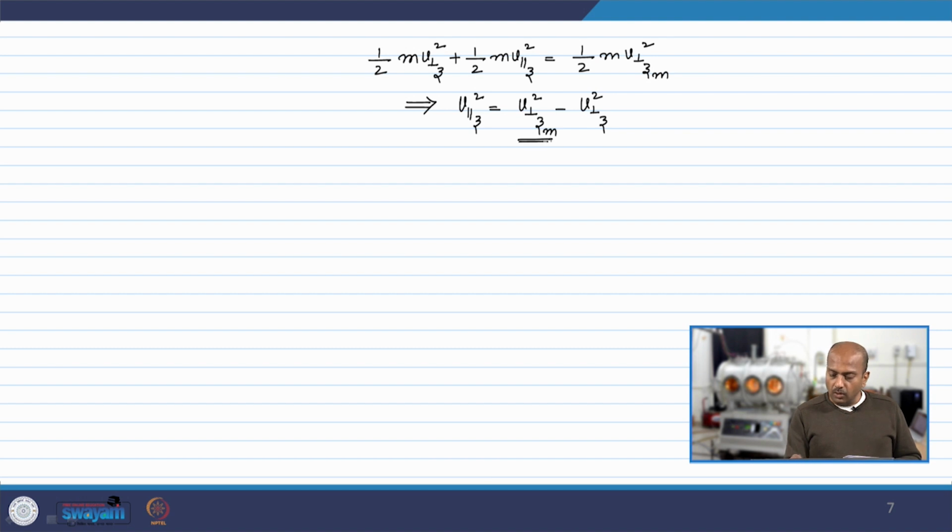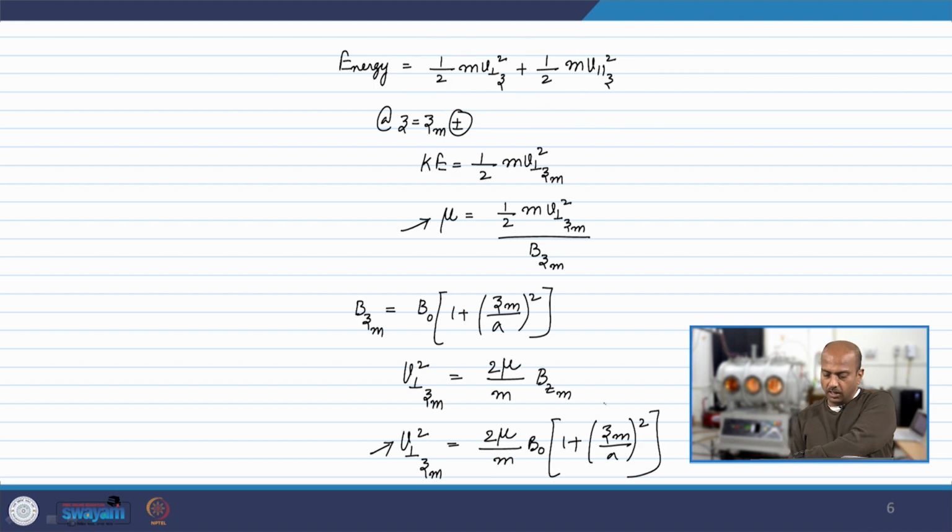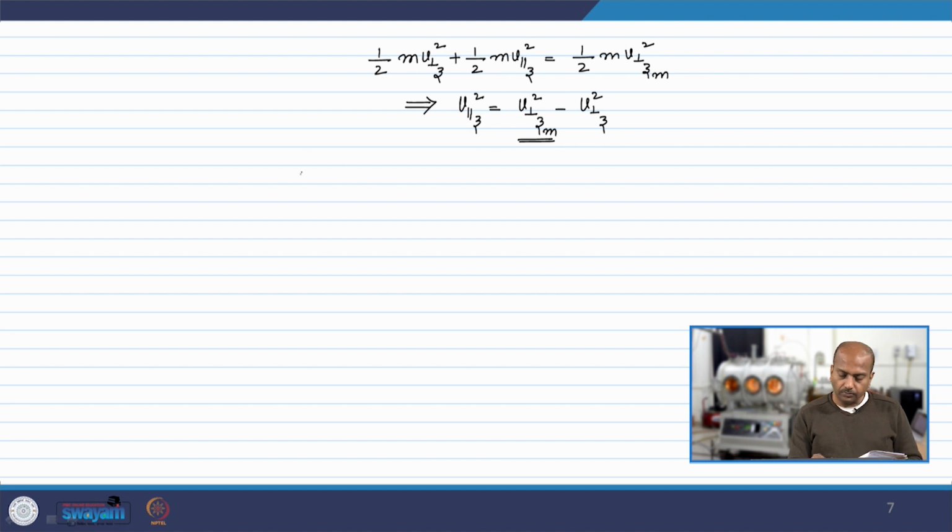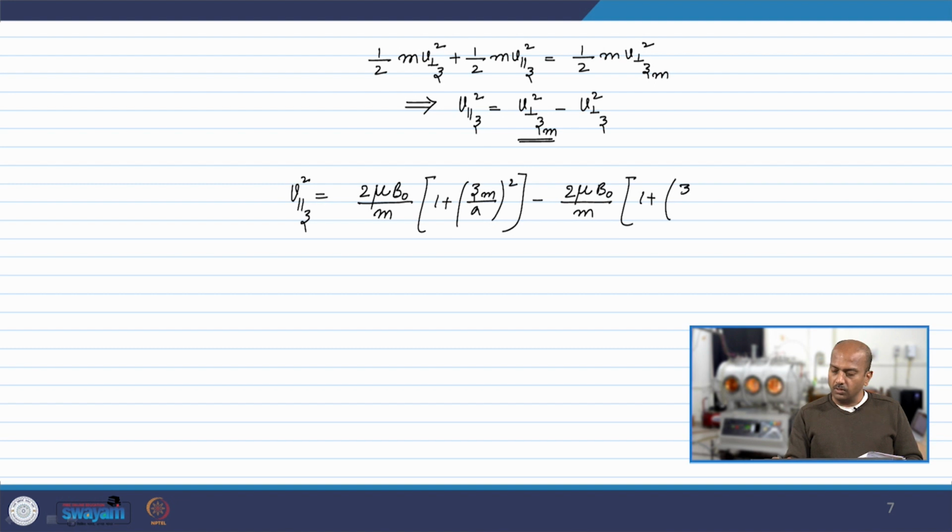Now, using the earlier expression, what we can write is v parallel z square is equal to 2 mu B naught by m times 1 plus zm by a whole square, minus 2 mu B naught by m times 1 plus z by a whole square.